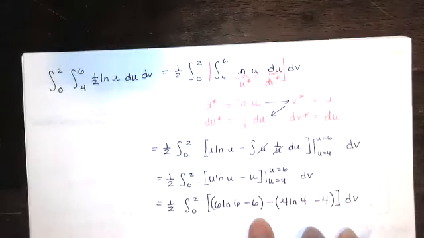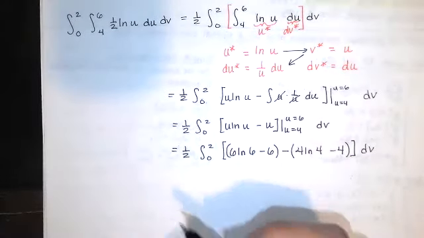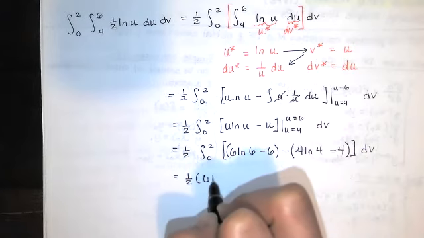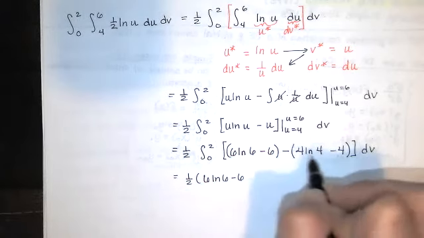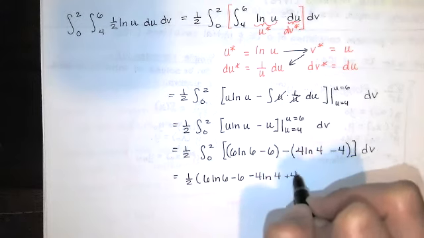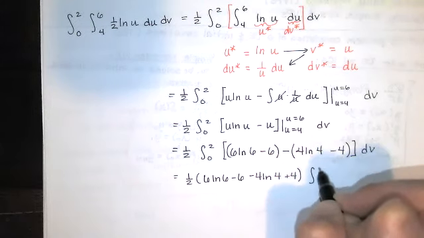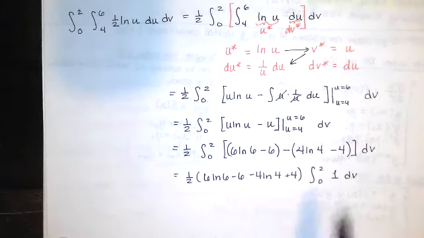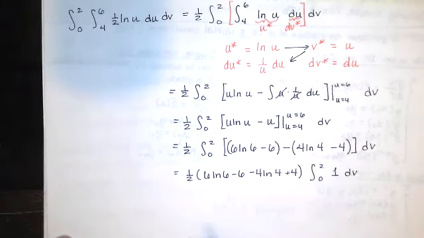Those are all constants, so you can pull those out if you want to. I would distribute that negative. Negative times a negative is a positive. And now we just have the antiderivative of 1 with respect to v, which is v.